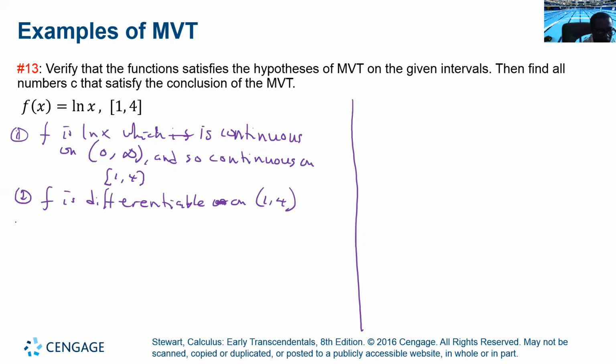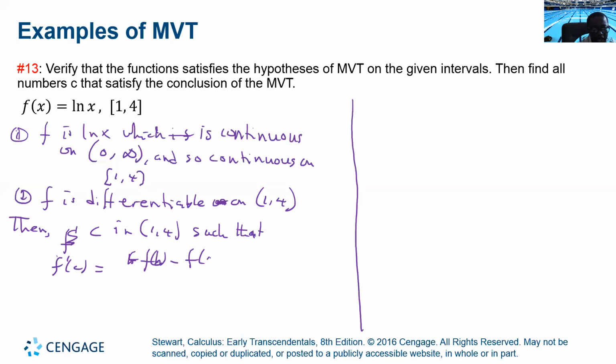So we can conclude that there is a c in the open interval 1, 4, such that f prime at c is equal to f of b minus f of a divided by b minus a.